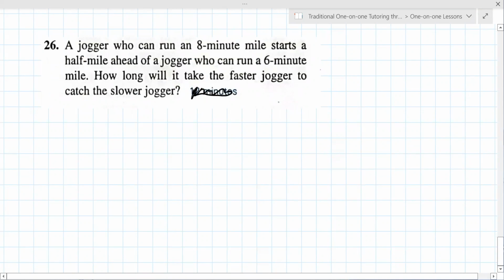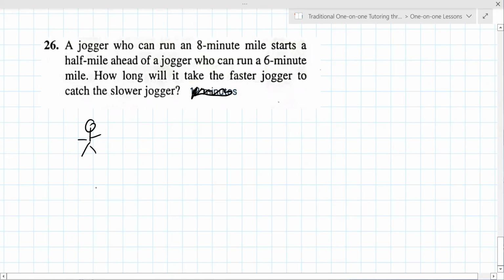A jogger who can run an 8-minute mile starts a half mile ahead of a jogger who can run a 6-minute mile. How long will it take the faster jogger to catch the slower jogger? So here's the scenario. Do you want to be the 6-minute or the 8-minute runner? The 6-minute. All right.